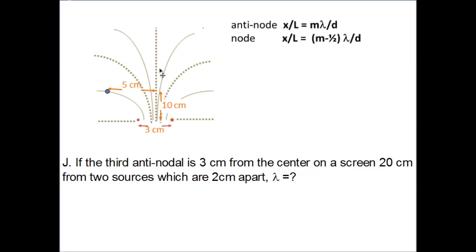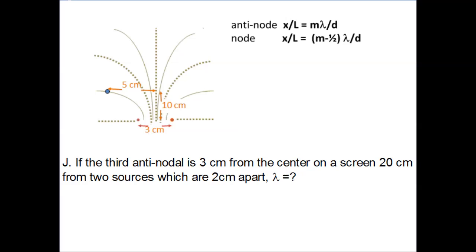The screen is going to be up here, and so there's the center. So 3 centimeters over from the center, we come to the third antinodal. That screen is 20 centimeters away, not 10 like in this picture, and the two sources are 2 centimeters apart, not 3. What is the wavelength?